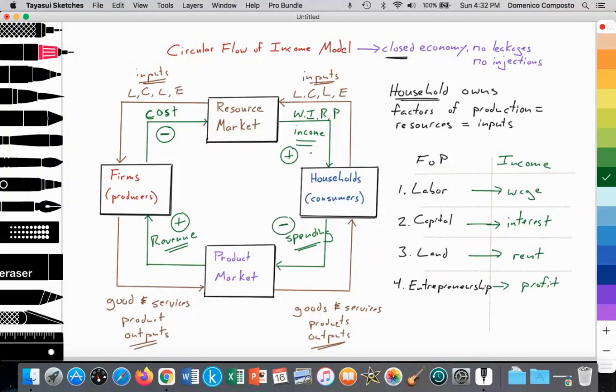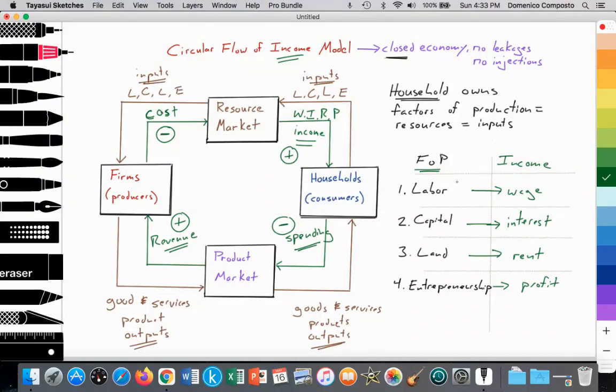Some things that we can mention about this is that it can also help us understand income inequalities. Why is there a difference between poor and rich, low income and high income? This has to do with the number of factors of production that are owned by the household. If the household owns more labor, capital, land, and entrepreneurship resources, they generate more income in the form of wages, interest, rent, and profit.